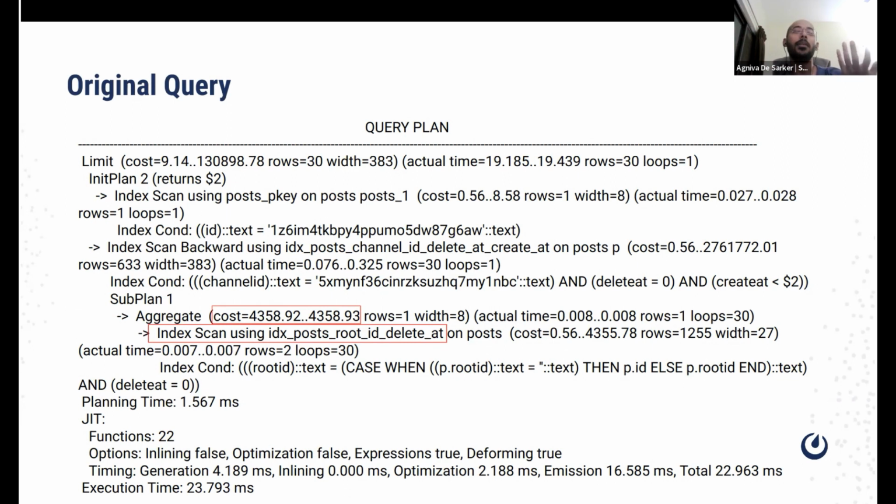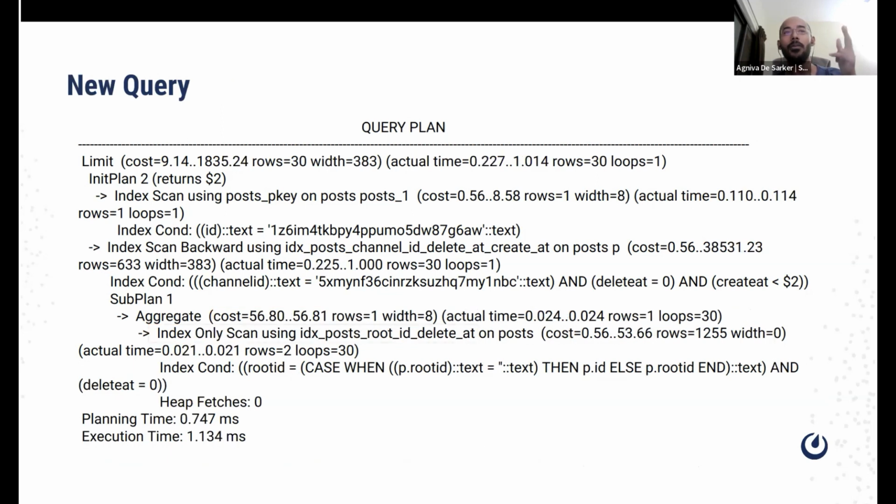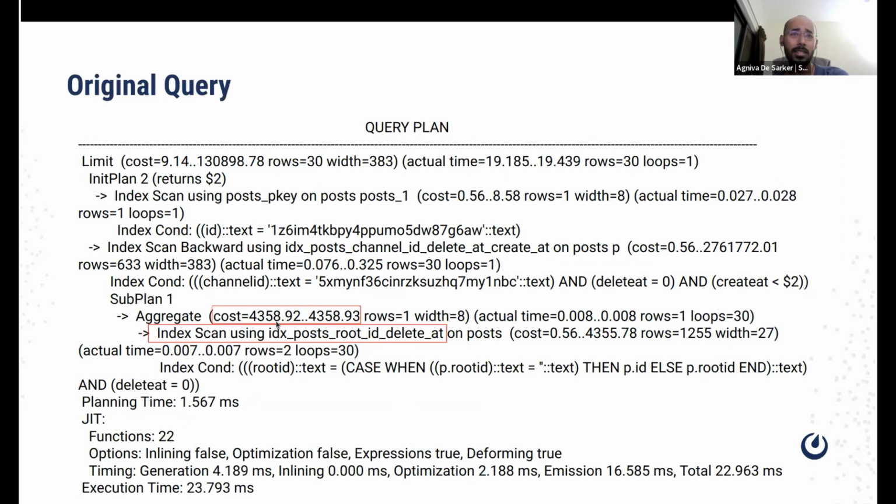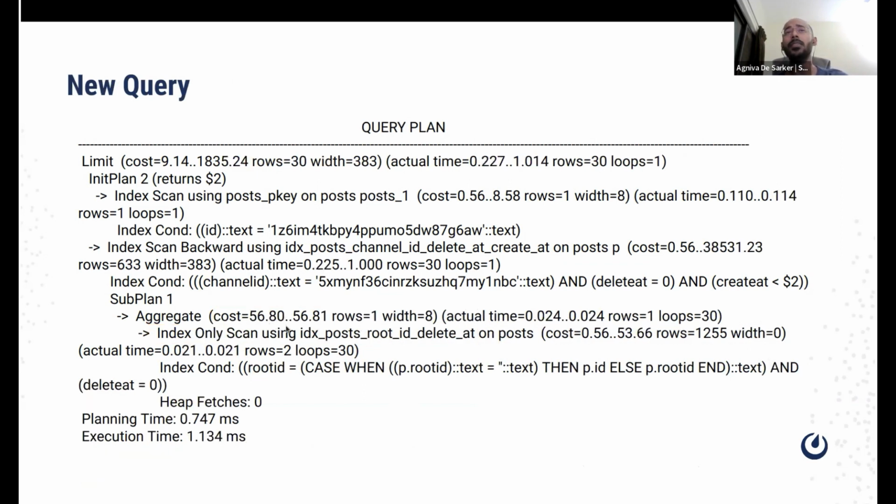Because without that, how do we know whether this is actually better or worse, right? So now you can see this is the new one with select count star. You can see that this is doing an index only scan, and look at the cost. Initially it was 4,300 something. Now it's 56, right? So we can see that clearly it has improved.